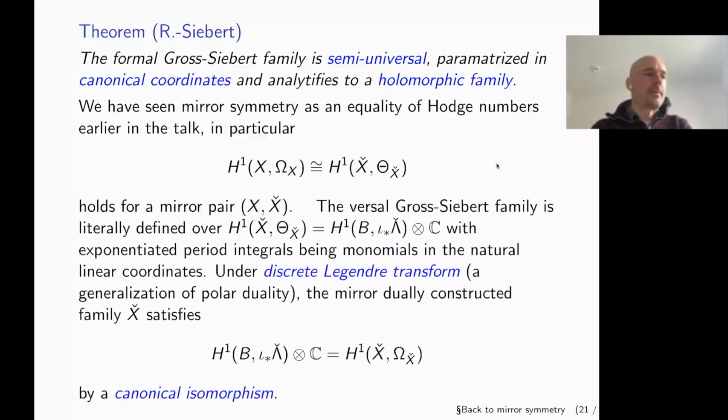The versal Gross-Siebert family that we just mentioned is literally defined over the group on the right-hand side, because there's a canonical isomorphism of this first cohomology of Theta with the tensor with C of this cohomology group that is coming from this local system. So you can relate this Theta group with something on the base B. So you can say that the Gross-Siebert family is naturally parameterized over T^1, which is the tangent space to deformations.